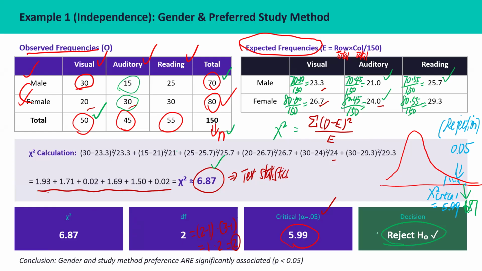Meaning gender and preferred study methods are associated. They have an impact on each other. They are not independent. Okay. Any question about this? It's a lot like what we did so far about the hypothesis test. It's just a different type of hypothesis test.